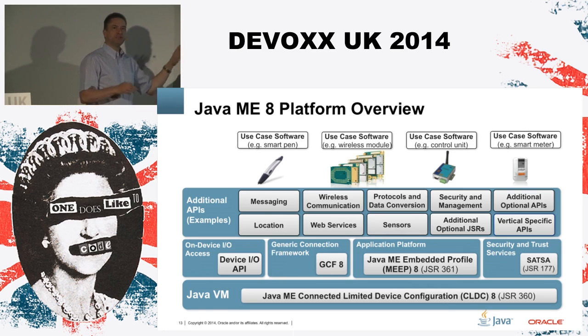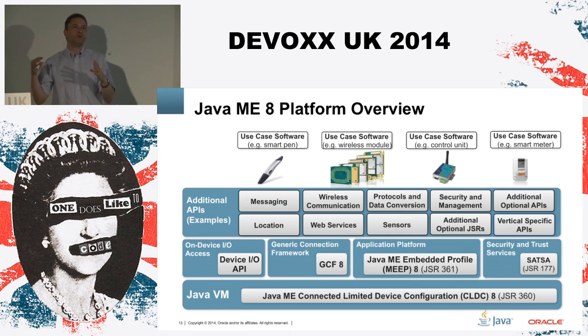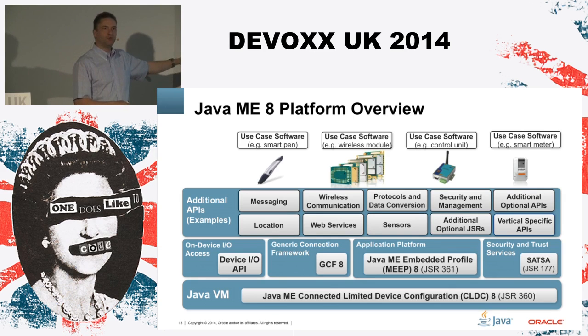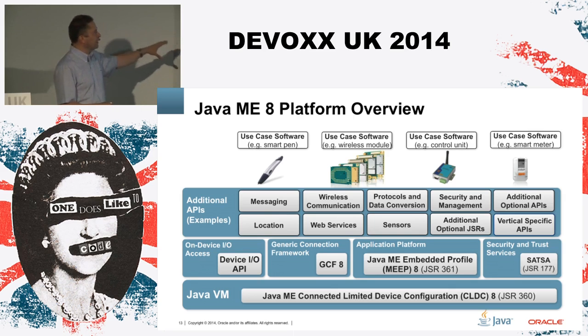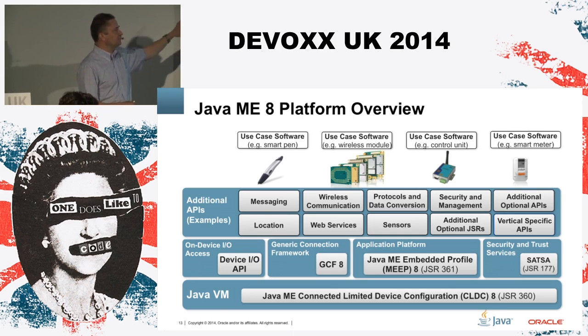Configurations are designed to work for specific resource configurations for devices. So we talk about the amount of memory available, the amount of processing power. That's your basic virtual machine, the basic set of class libraries that are required to get your application running. On top of that, we have profiles, and then we have some other additional APIs.